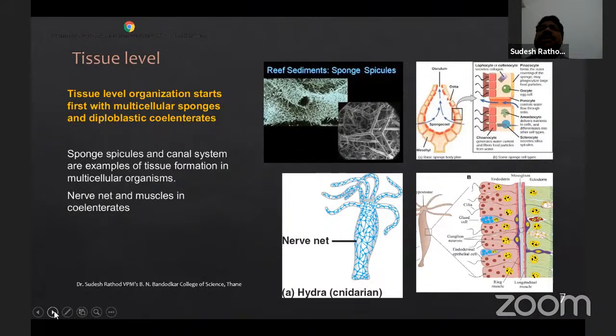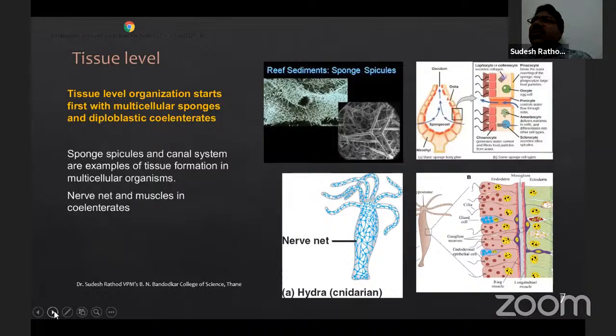Now we are going to see that this multicellular organism makes its cells differentiate into different forms so that their body is formed in a complex form. For example, here the upper part is that tissue level organization starts first with multicellular sponges and diploblastic cnidarians. So the multicellular sponge is representing a morula-like or blastula-like structure.